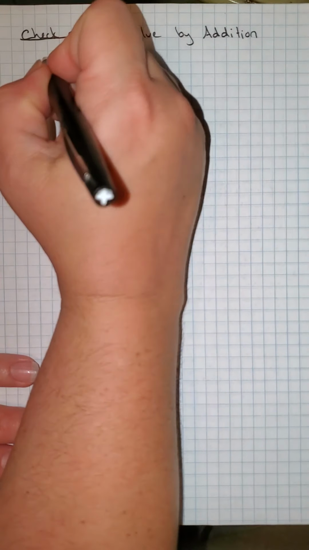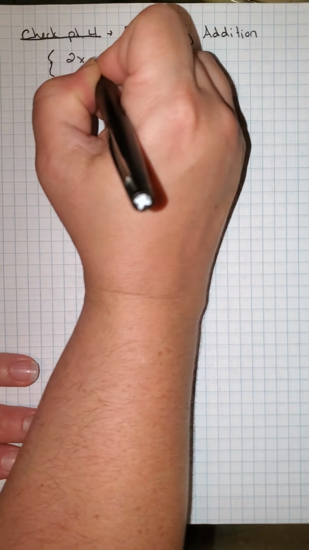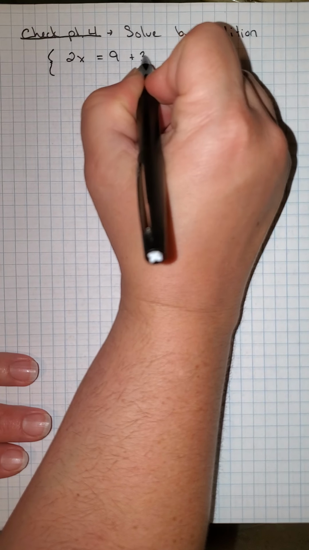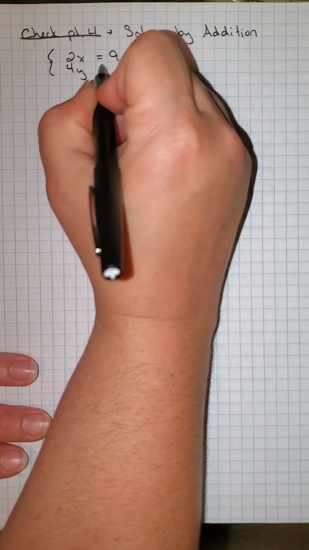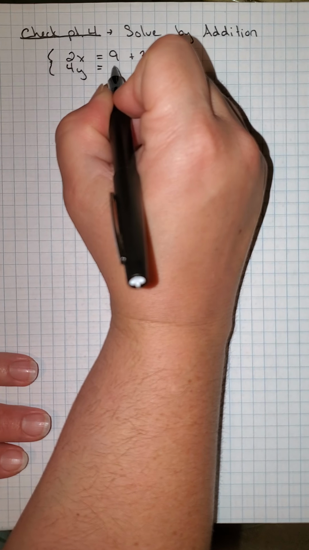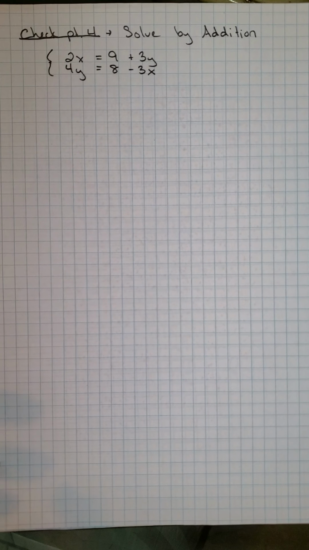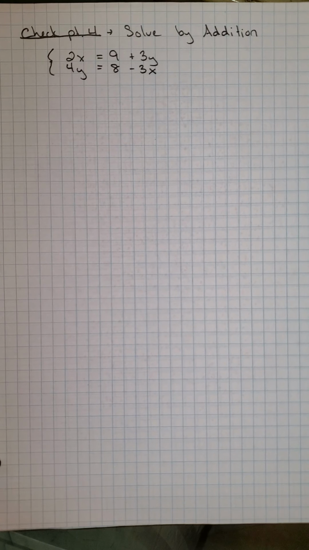All right, let's see, we have 2x equals 9 plus 3y, and then we have 4y equals 8 minus 3x. All right, so this one is not in the standard form, so we need to move stuff around.